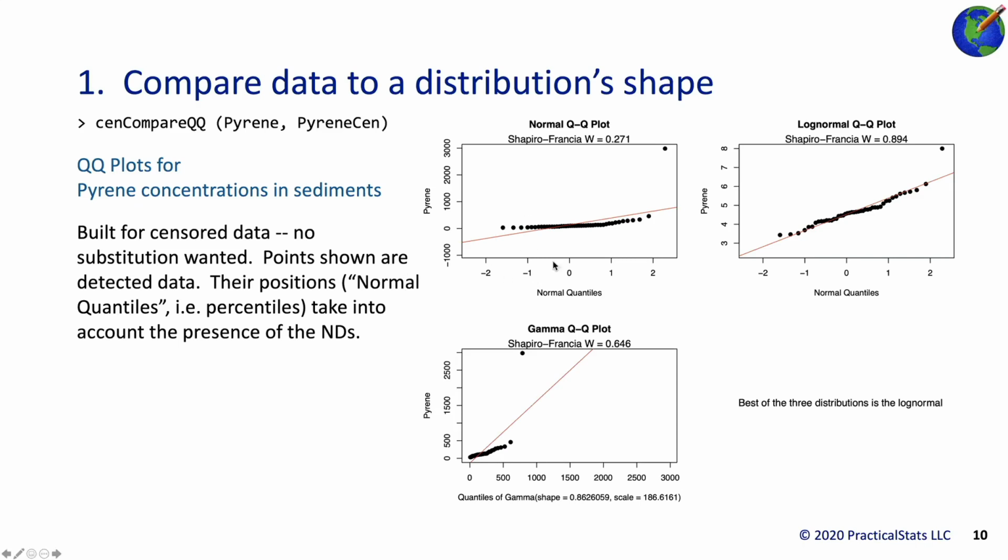You would have seen the left-hand side where those points were if there were no Nondetects. Now you don't see them, but it preserves the position on the plot. So it's built for censored data. So you need to use routines in censored data procedures to get these. And so you can compare them to standard distributions like this.